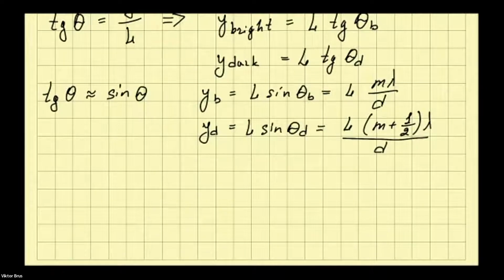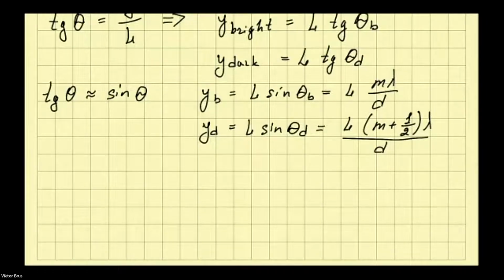So now we have quantitative description for angular and linear positions of bright and dark fringes. So far, we were discussing only the position of the central part of these bright and dark fringes.